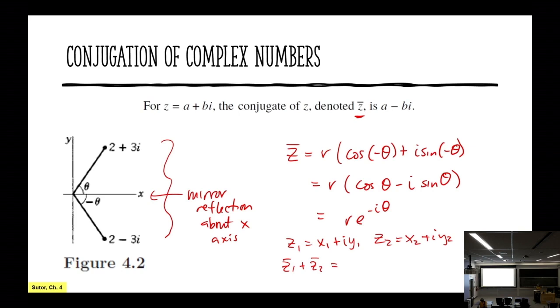The conjugate of the sum is just the sum of the conjugates. So we can rewrite this as x1 plus x2 minus i times y1 plus y2.